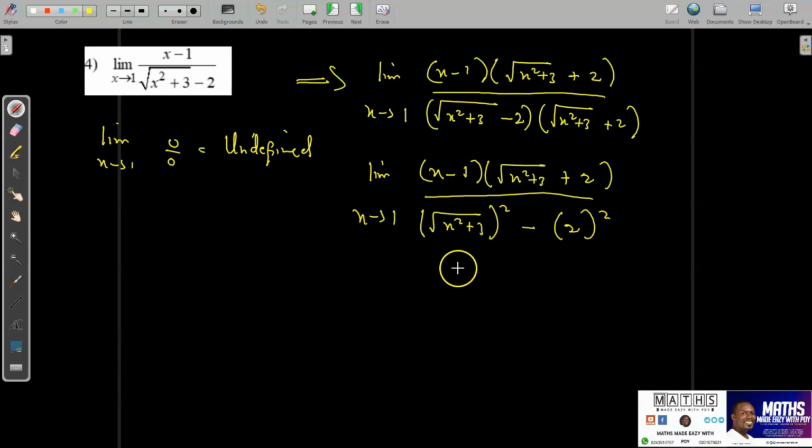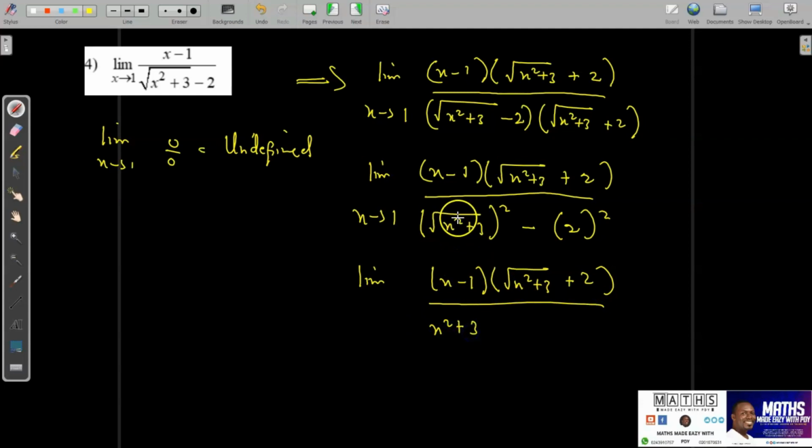Going further, we can simplify the denominator. We maintain the limit of (x minus 1) multiplying (the square root of (x squared plus 3) plus 2), and the denominator ends up as x squared plus 3, because the square root sign is done away with by the square, then minus 4.